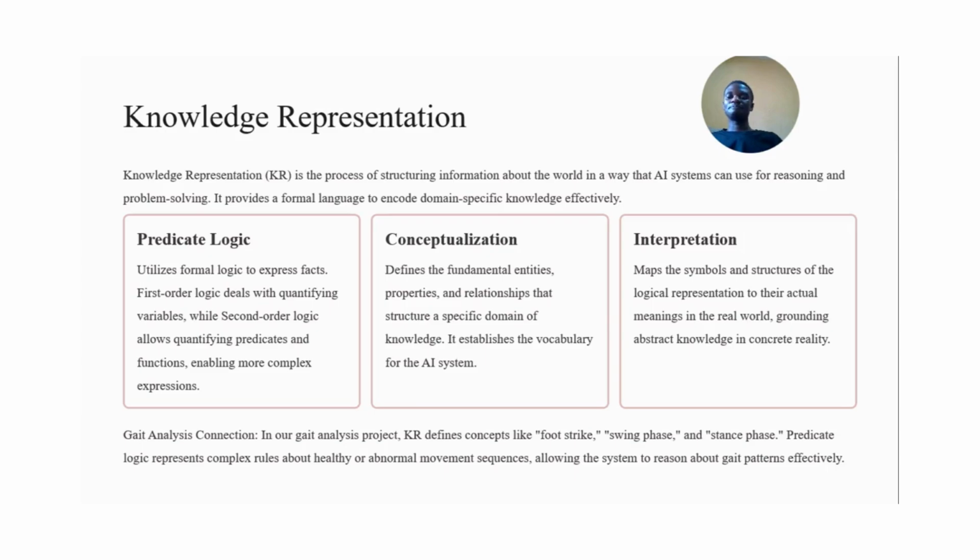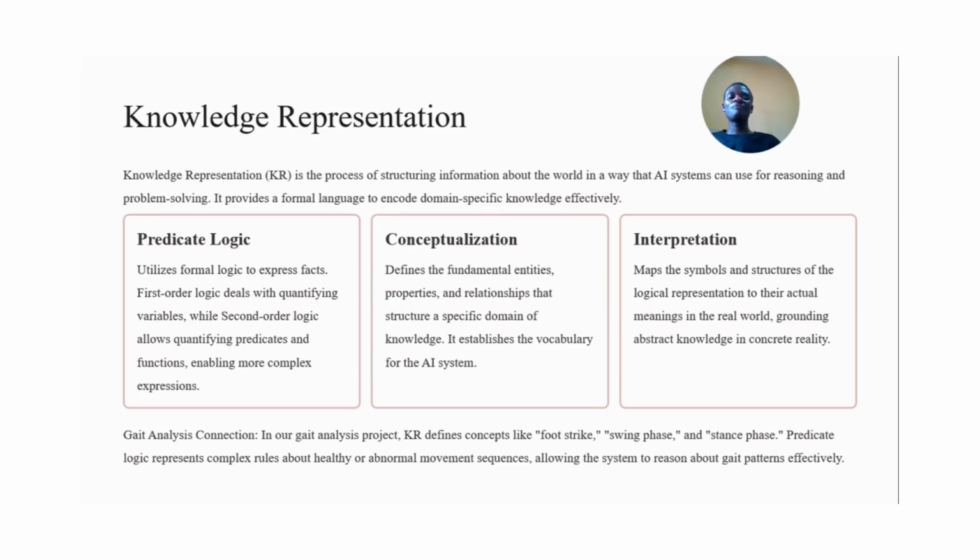If we are using a logical way of representing it, we can use predicate logic, where we get a conclusion given some premises. I may not like to give more examples for the sake of time, but it utilizes formal logic to express facts.